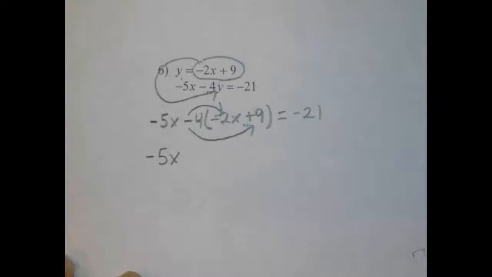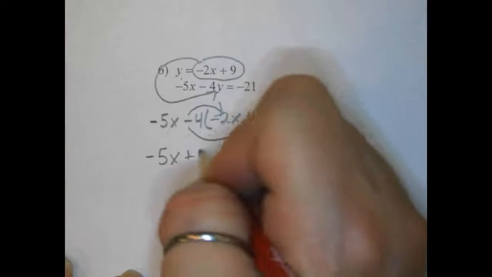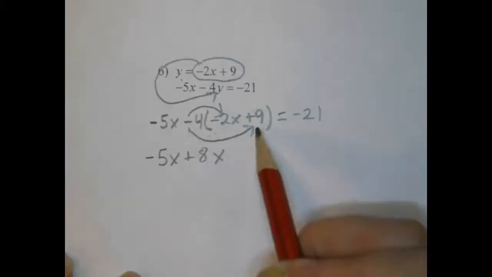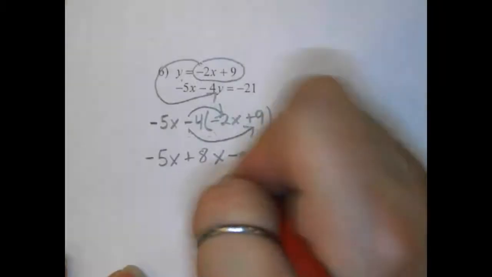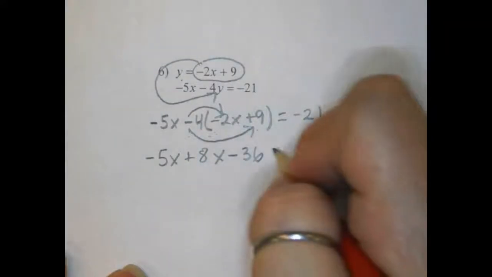Which is going to give me what? Positive or -8? Because a negative times a negative gives me a positive. So positive 8x. And what's my next multiplication? And negative 4 times 9 is going to give me what? Negative 36. Good, because a negative times a positive is going to give me a negative.